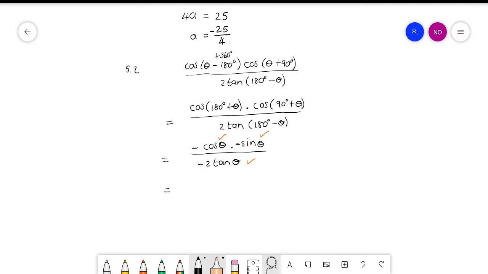Okay, so ek gaan net stem julle saam, my finale antwoord gaan 'n negatiewe teken hê. If you take all of the different signs into account, a minus and a minus gives you a minus in total. Okay, so I'm going to say the cos theta and the sine theta over 2, I'm going to leave here. And that is divided by tan. So if you divide by tan, you are multiplying with cos over sine.